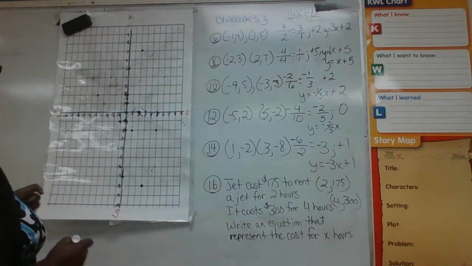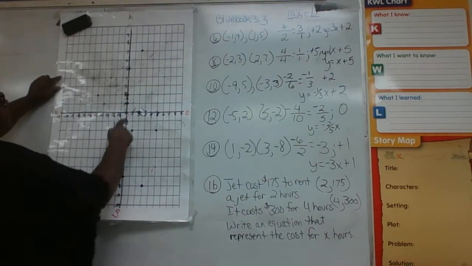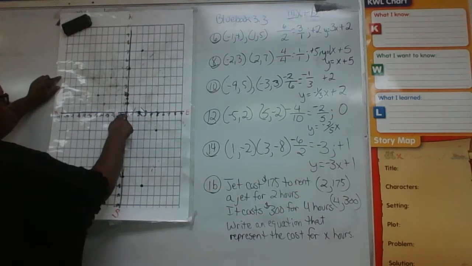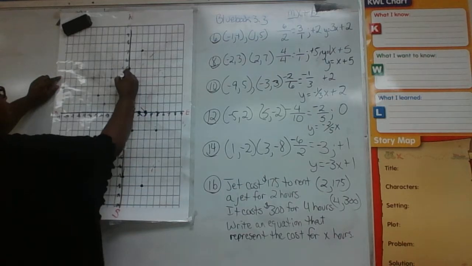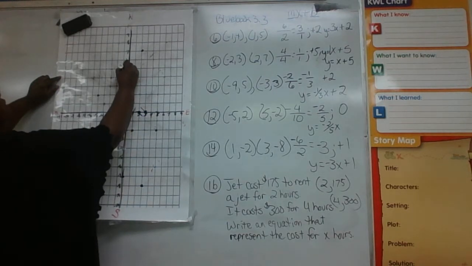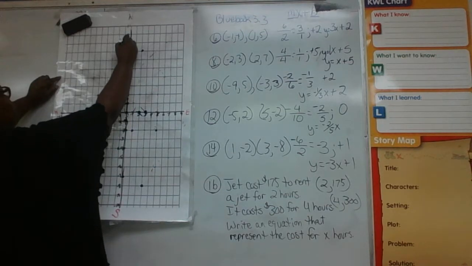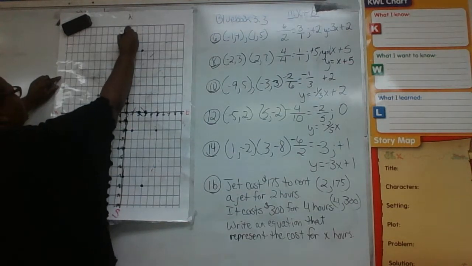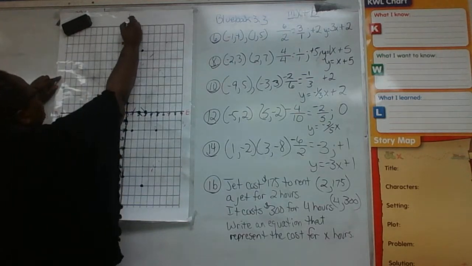Here's 0, here's 25, 50, 75, 100, 150, 175, 200, 225, 250, 275, and then one more here, we can make it 300, okay?